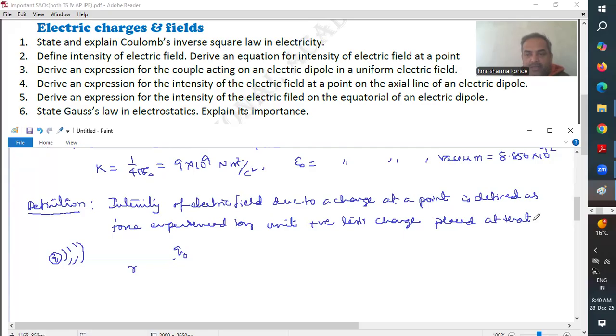What is a test charge? Q naught is the test charge, which gets influenced by the point charge. Placing the test charge is optional. Even if you don't have a test charge, the effect of the field will continue.